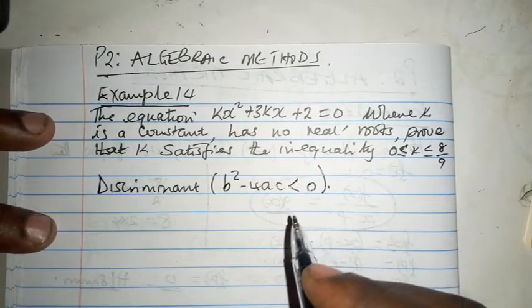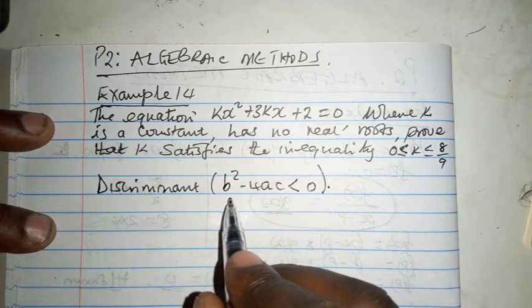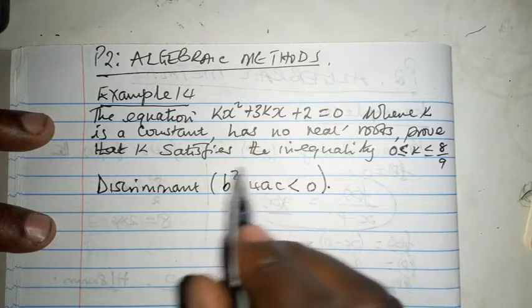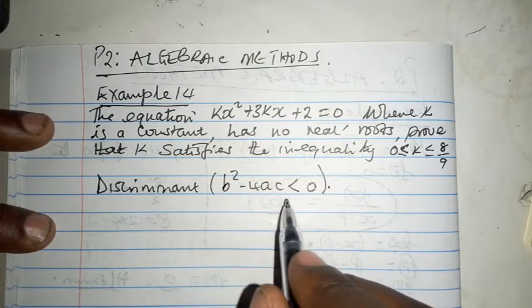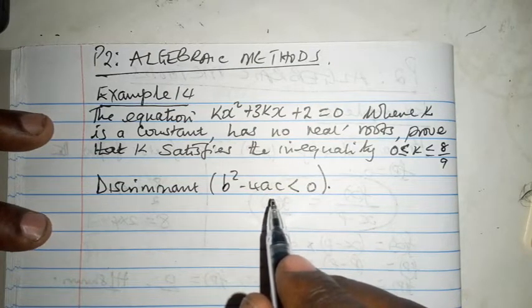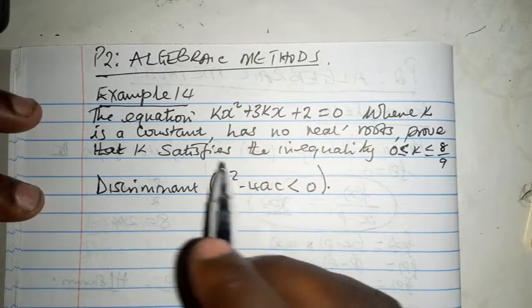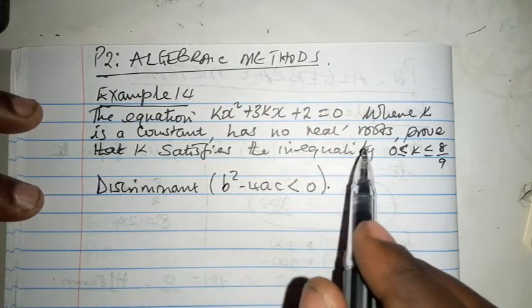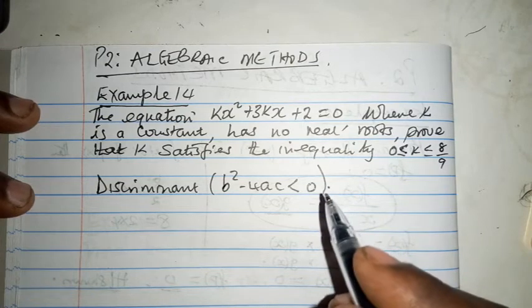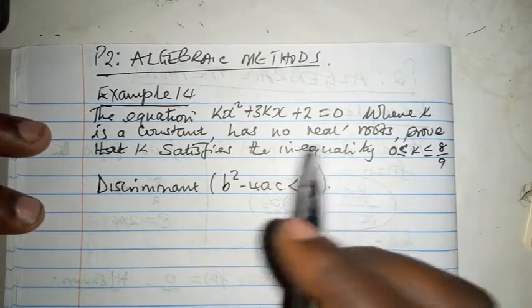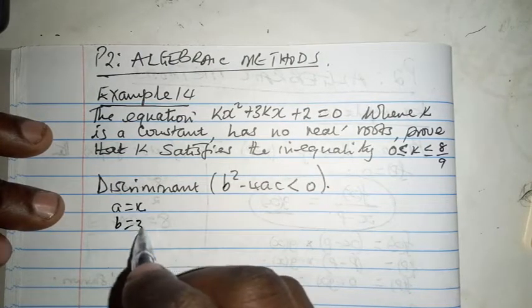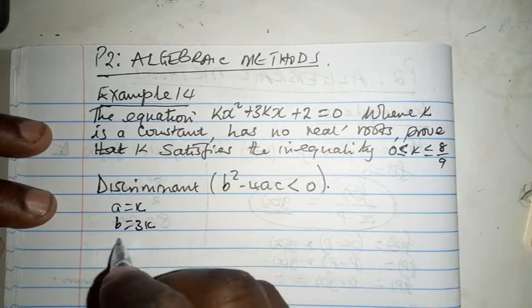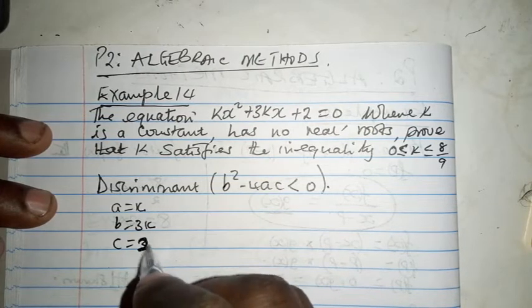Because for a function not to have any solution, the discriminant part, b squared minus 4ac, which is retrieved from the quadratic formula, is supposed to be less than 0 when we have no real roots. And going back to the equation, you can see our a is k, our b is 3k, and our c is 2.